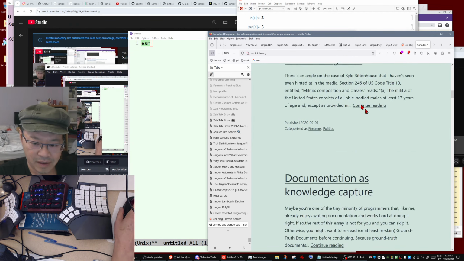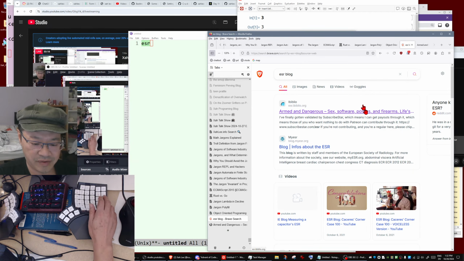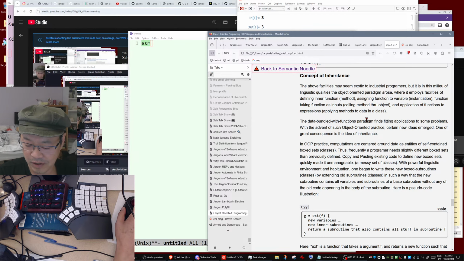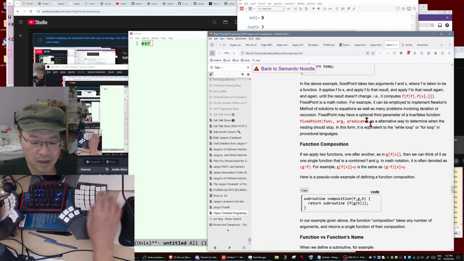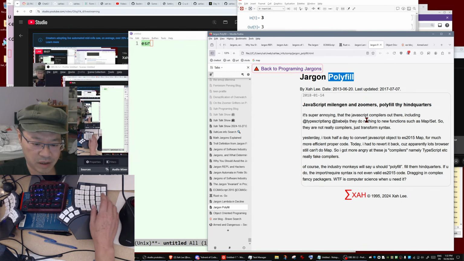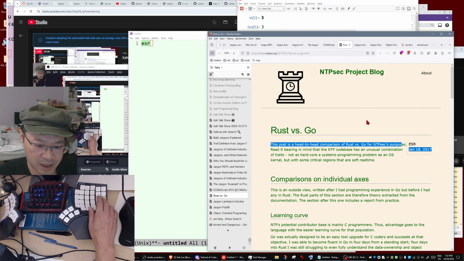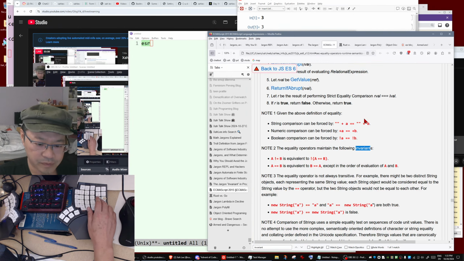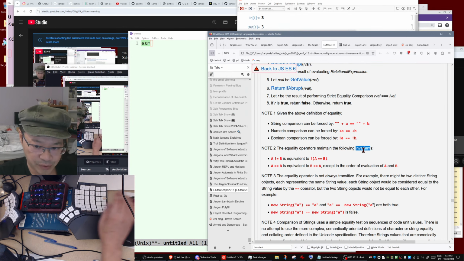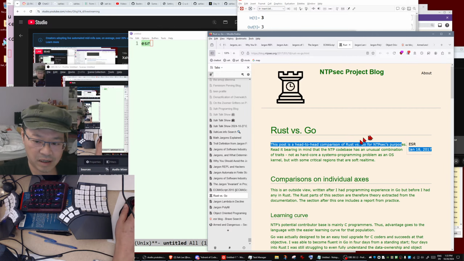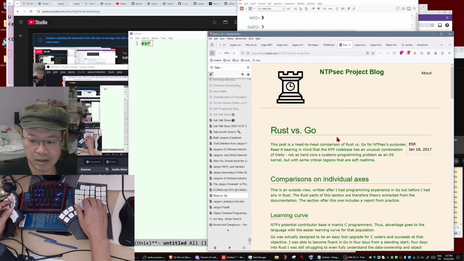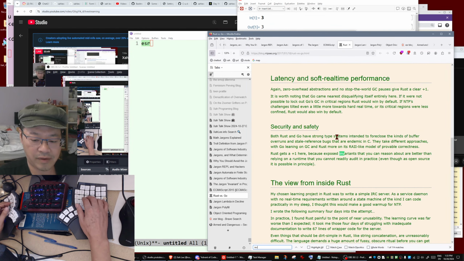So anyway, the story of ESR is a chapter of computing history, especially a chapter of Unix. Okay, so we digressed a lot. We were talking about polyfill, about Lambda, the jargon Lambda, and we talked about ESR. Why are we talking about ESR? Because we were talking about invariants, and one of ESR's blog posts, Rust vs. Go, used that jargon. Let's search 'invari'.